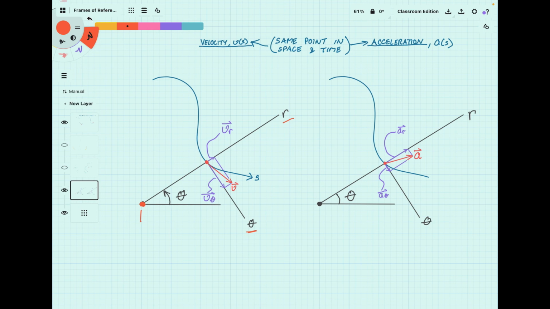Then same process: your original velocity vector in red projects to the radial axis and the transverse or theta axis as components. If you can get the angle between the velocity vector and the theta or r directions, you can just do that mapping directly.